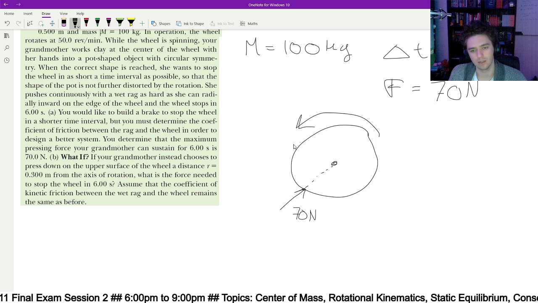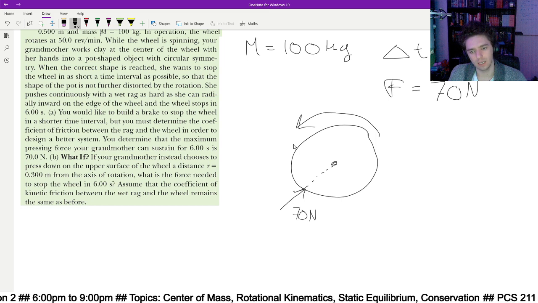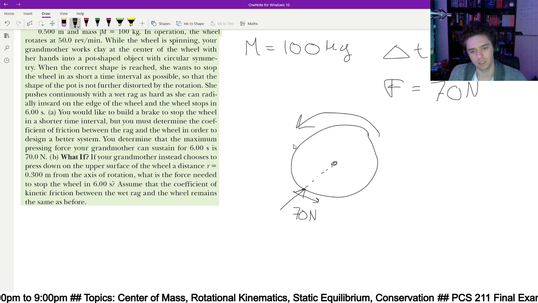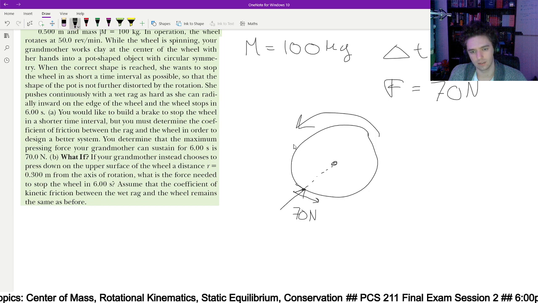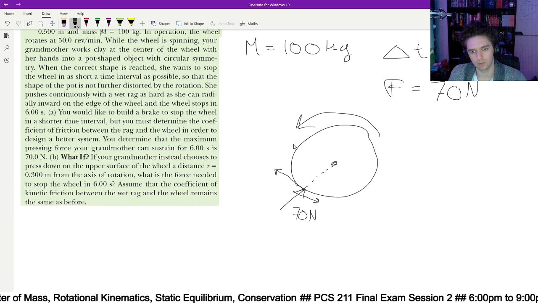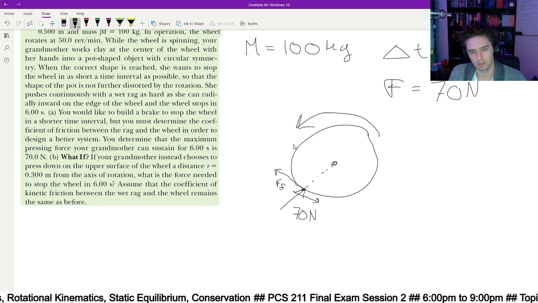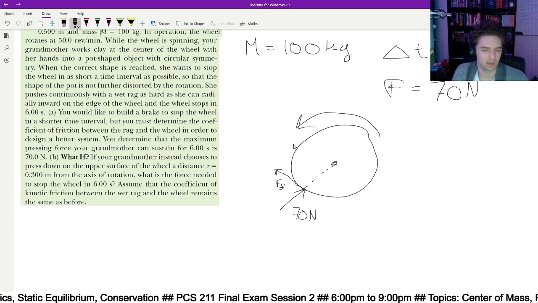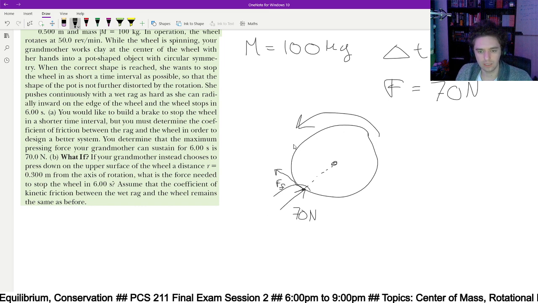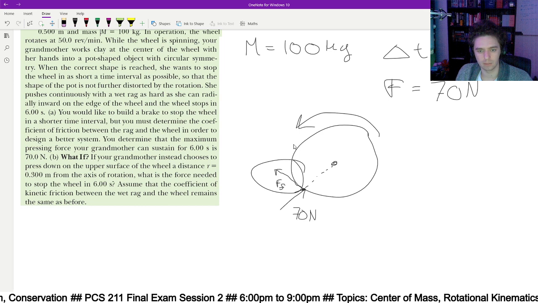But there's also the friction that's being caused, and if the thing is spinning this way, then the friction is pushing that way, I think. So that's the direction of the force of friction in this case, because the motion is this way. I think that might be wrong, but let's see. So this is not applying any torque, but this is applying some torque.